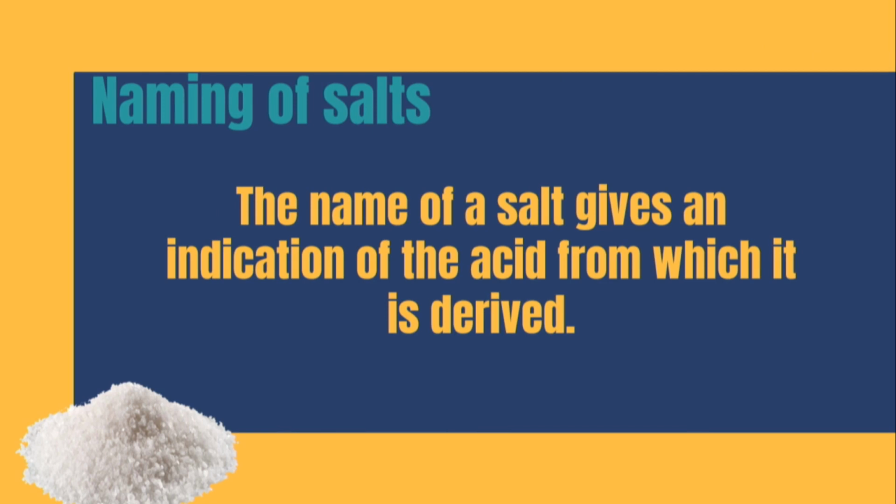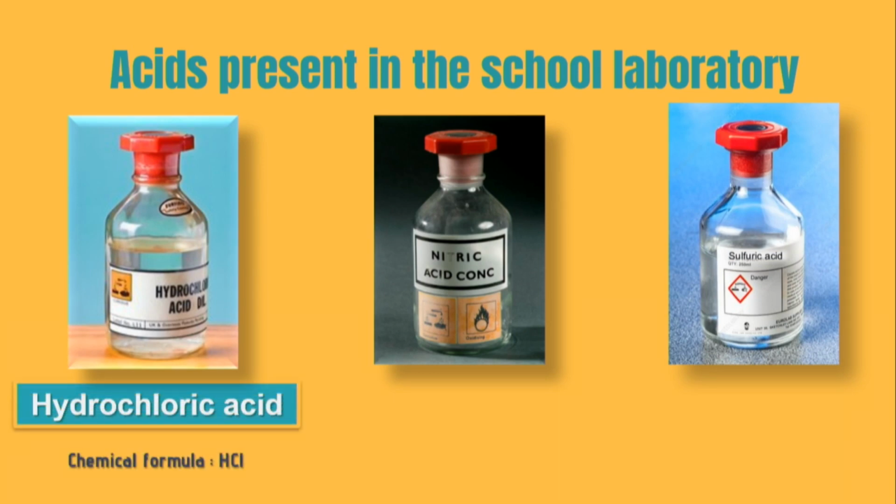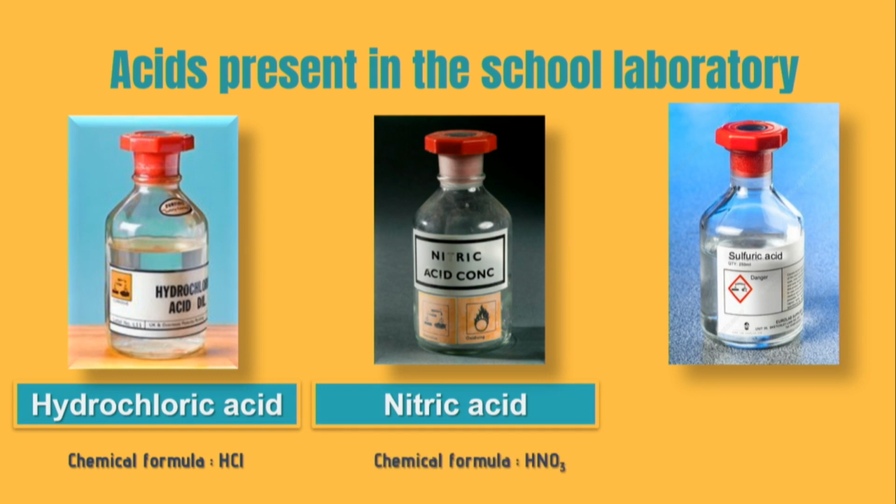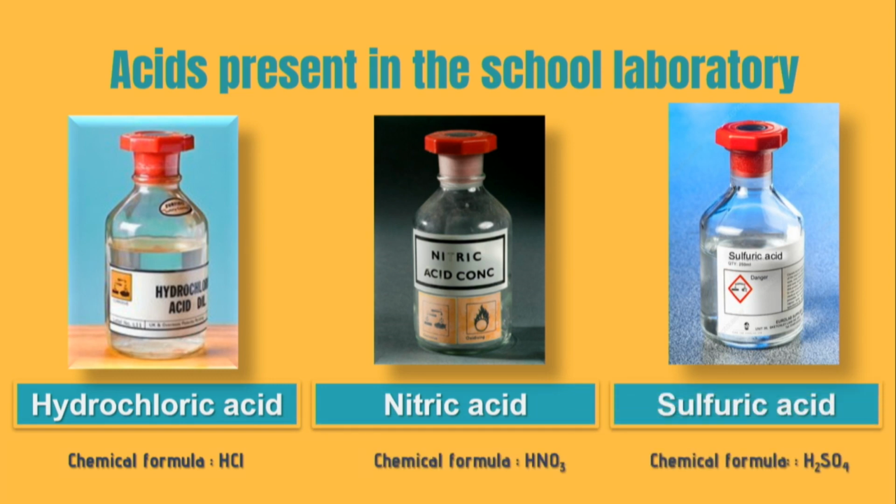So, the name of the salt gives us an indication of the acid from which it is derived. Examples of some acids found in the school laboratory include hydrochloric acid, nitric acid, and sulfuric acid.